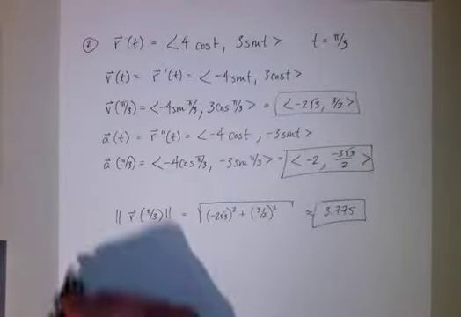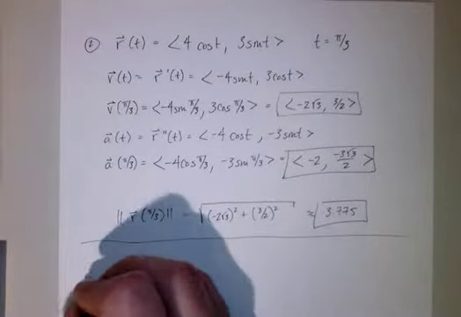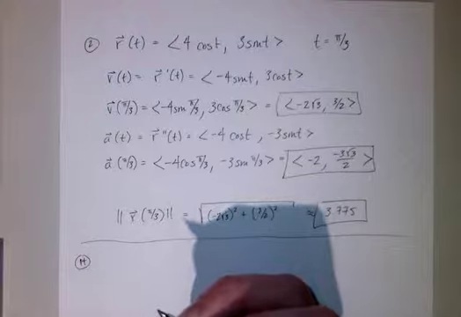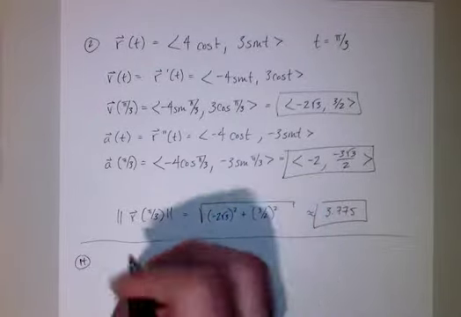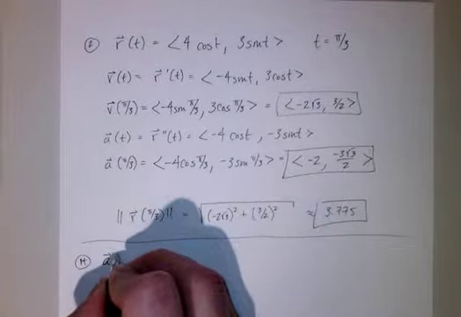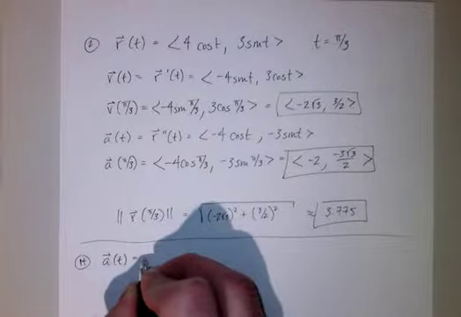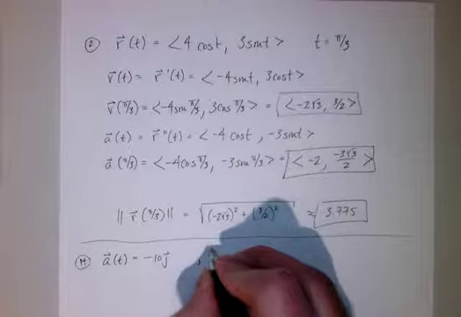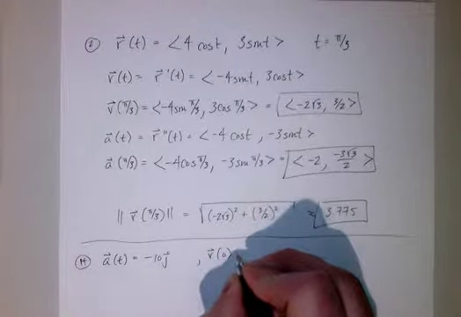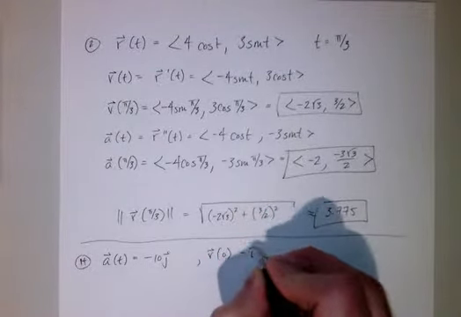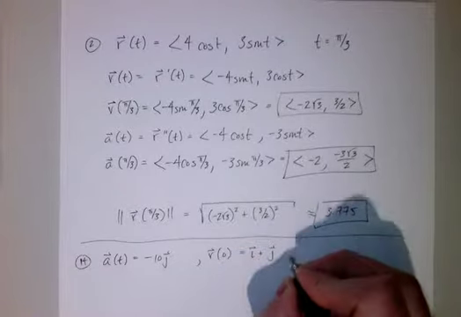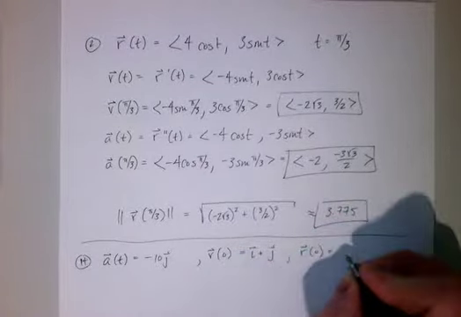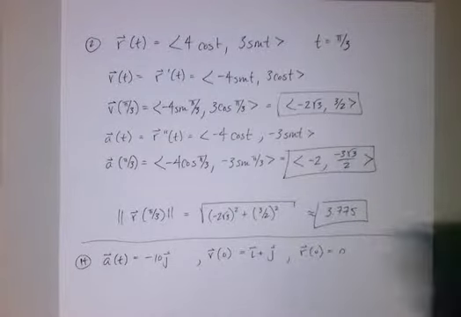Okay? Now, this last problem is going to be much like the one that we did at the end of 10.4. It gives us an acceleration vector of negative 10j. It gives us a velocity initial condition of i plus j, and it gives us position, I guess is the best way to describe it, of 0.